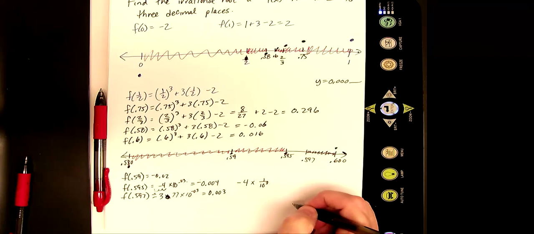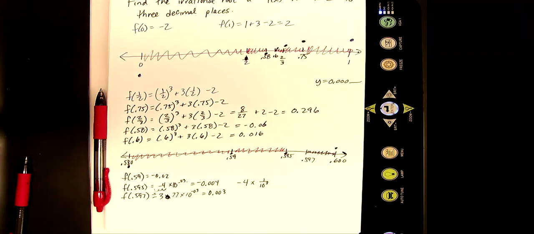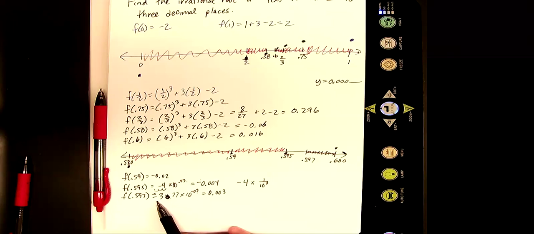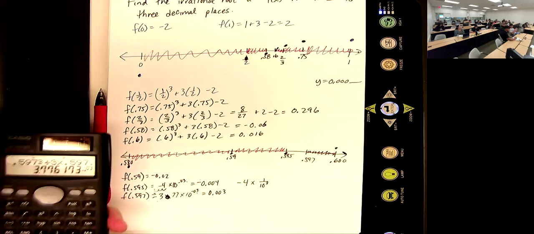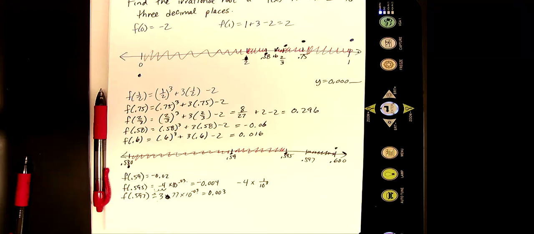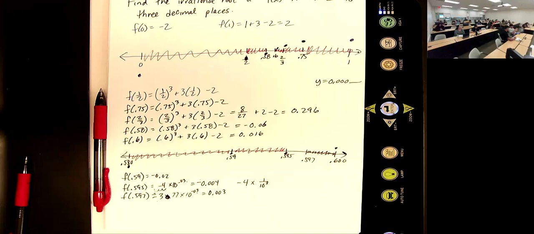Does this negative make this negative? Yeah, because you put a 0. I'm just writing what the calculator shows. Okay, sorry, now I understand the question. Yeah, the calculator, I get it. I didn't need the 0 there. I was writing what the calculator showed.